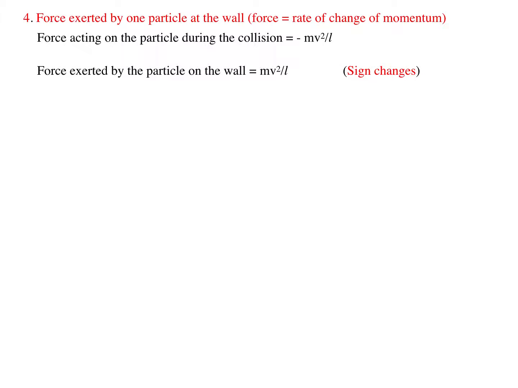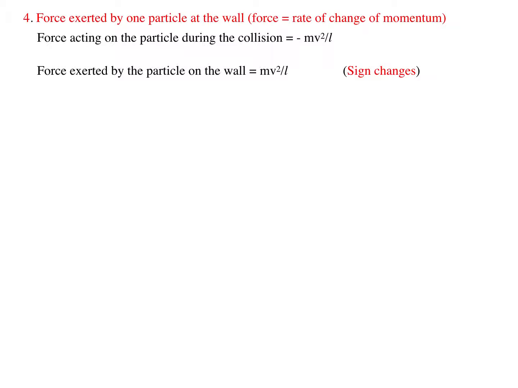As the particle collides, it's bounced back. Force acting on the wall is exactly opposite to the force acting on the particle. Therefore, the force exerted by the particle on the wall is now plus mv squared over L. So the sign is changing here.